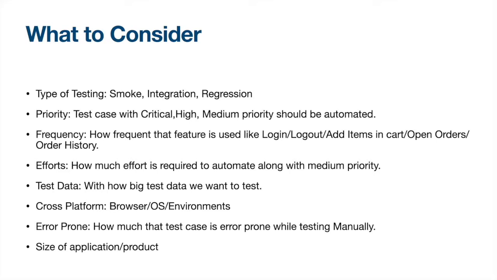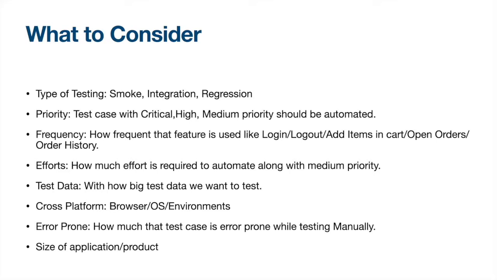When you are creating a smoke suite, you have a different kind of criteria for selecting the automation candidate. When you are going for an integration automation suite, you have a very different approach for selecting the test cases. When you are going for a regression automation suite, you have to select the test cases quite differently. There might be scenarios which are not applicable in a smoke test, but will be applicable in your regression or integration suite.